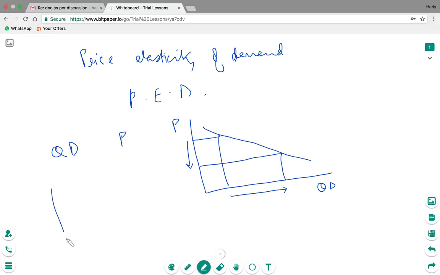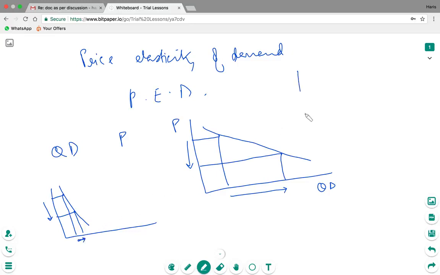So naturally, when you have a demand line which is steeper, the responsiveness of quantity demanded to changes in price is not that much. As you can see here, the price fell by this much, but quantity demand did not rise by a lot.